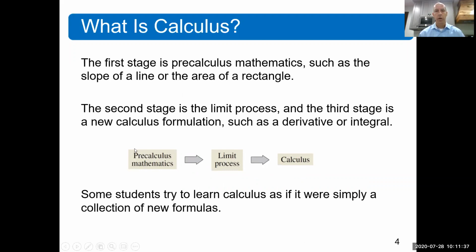You're going to use all of the mathematics that you've learned up to this point. Then you're going to do this thing called the limit process, which then is going to yield calculus. Now, this limit process can be very tedious and difficult to deal with, but the good news is I'm going to try to show you the shortcuts, if you will.